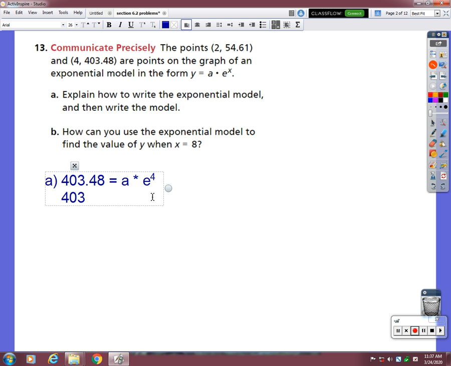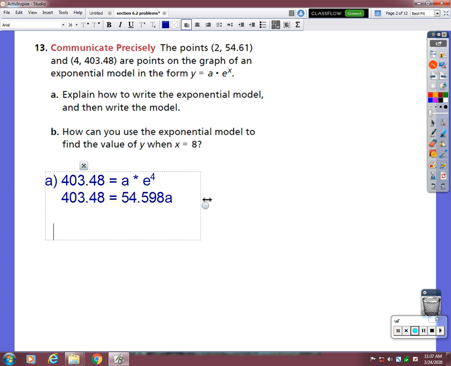So 403.48 equals e to the fourth times a. So e to the fourth is 54.598, and that's times a.